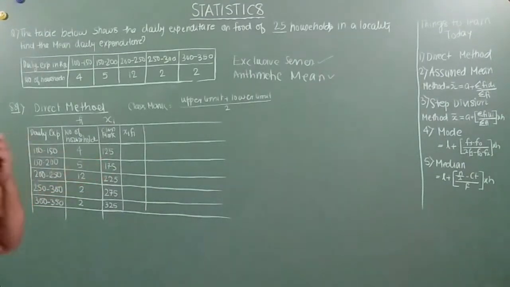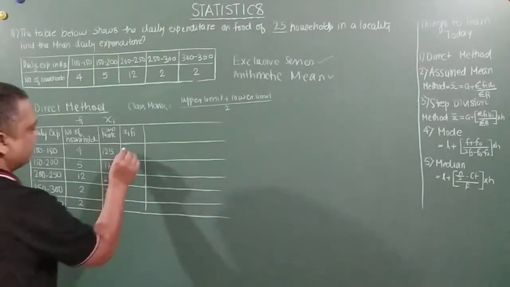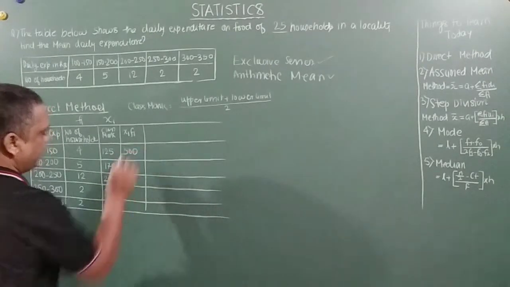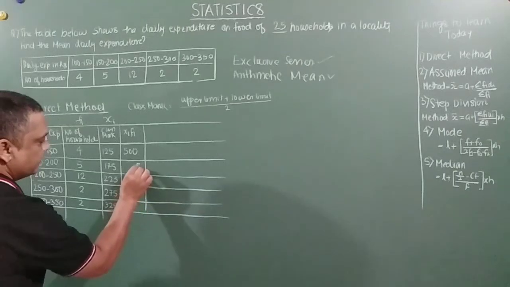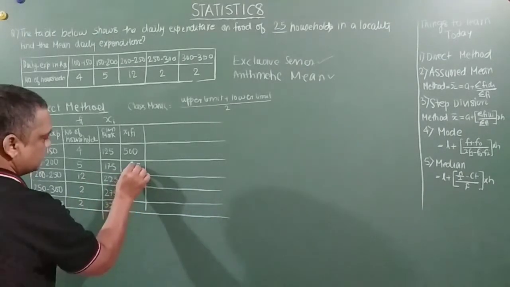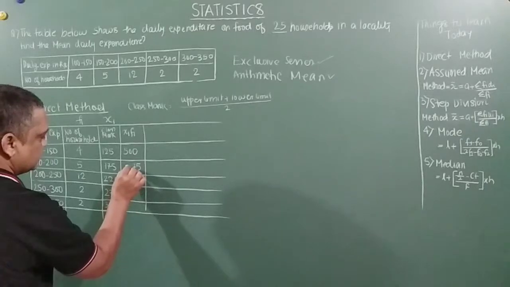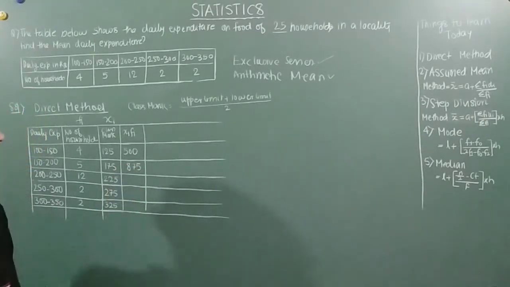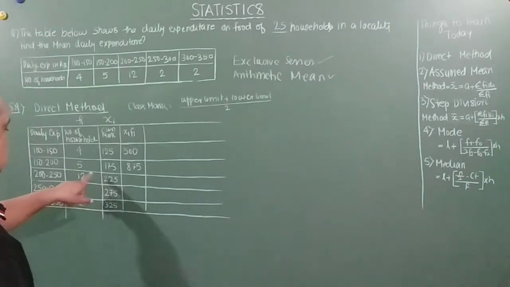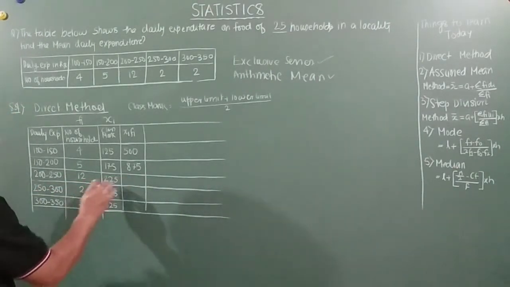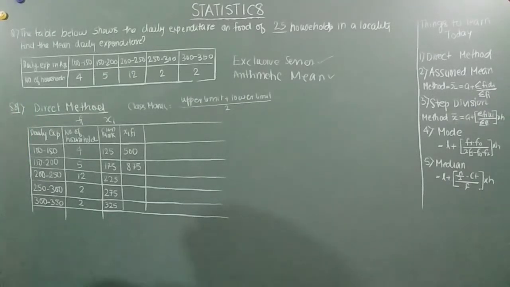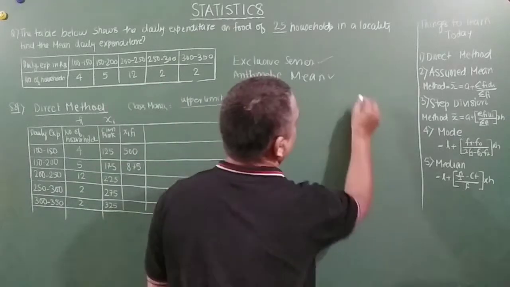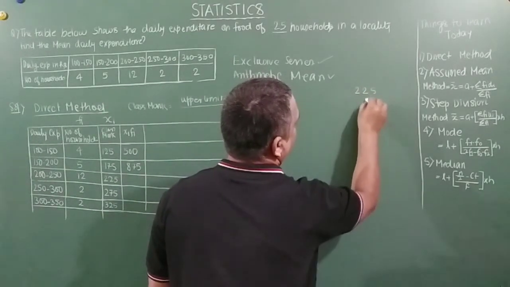So 125 into 4 is how much? 500. 175 into 5, right? 875. 225 into 12, okay, 225 into 12. Fine. We can do it here somewhere. 225 into 12.